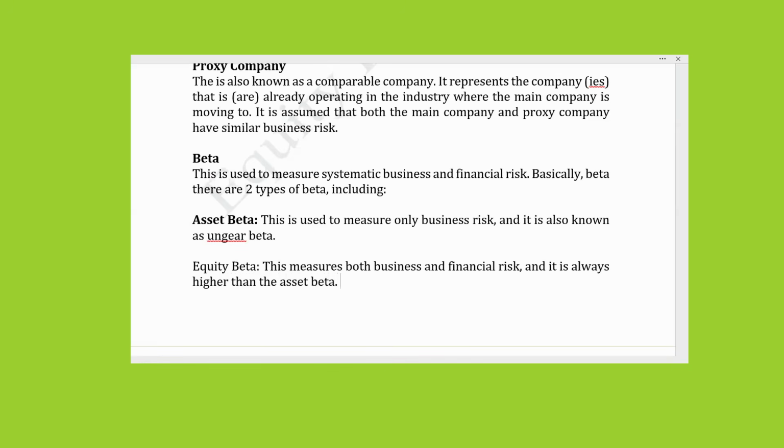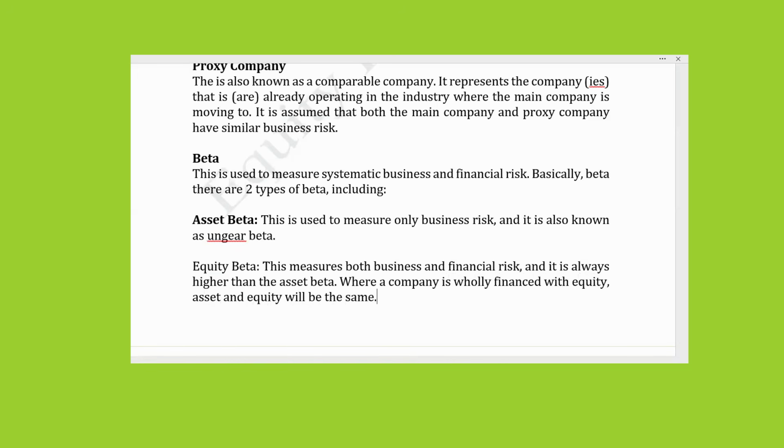Okay. So where a company is wholly financed with equity, that is 100% equity, no debts, asset beta and equity beta will be the same.